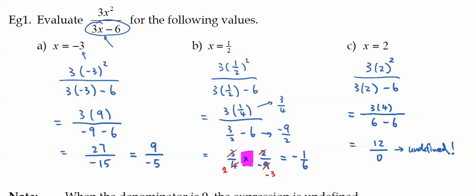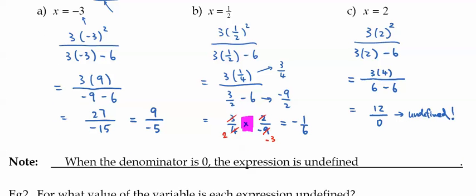In this case, we don't want to use x equals 2. When you end up with x equals 2, the denominator will turn into 0, making the entire expression undefined. And this value is what we call the non-permissible value. You are not permitted to use this number for the expression.